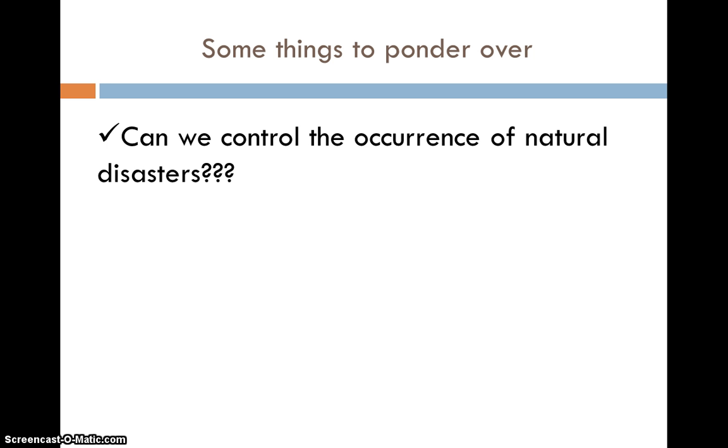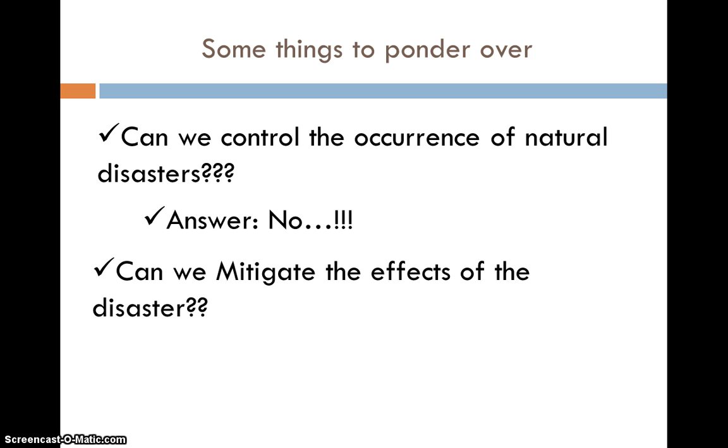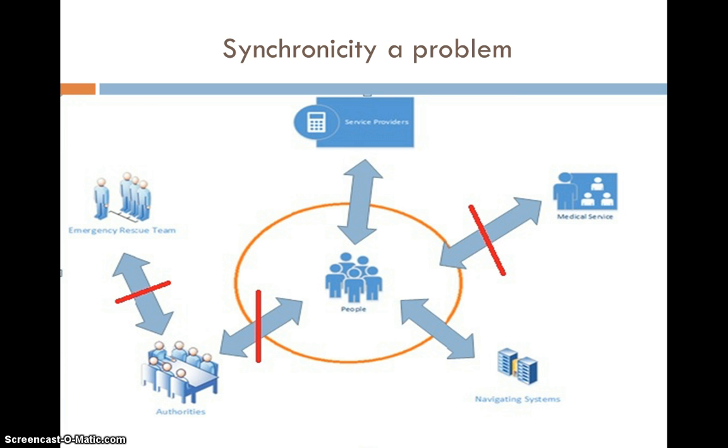Some people may ask, can we control the occurrence of natural disasters? The answer is no. But can we mitigate the effects of the disaster? The answer is absolutely yes. But right now we face some problems.